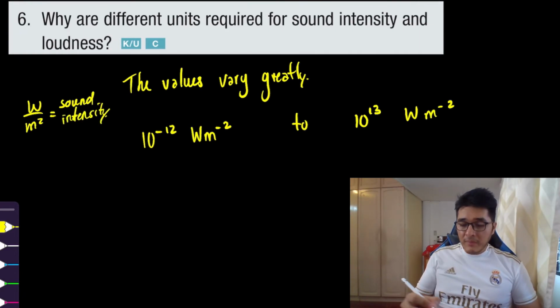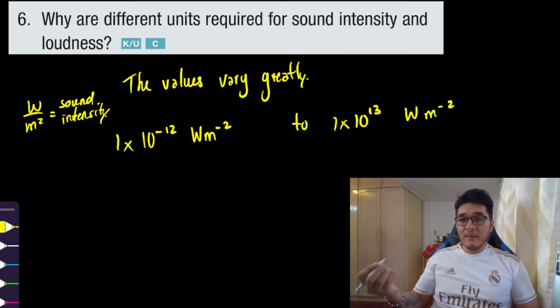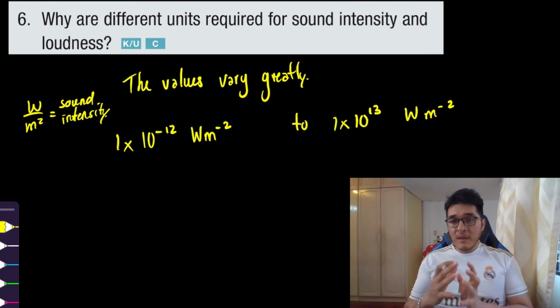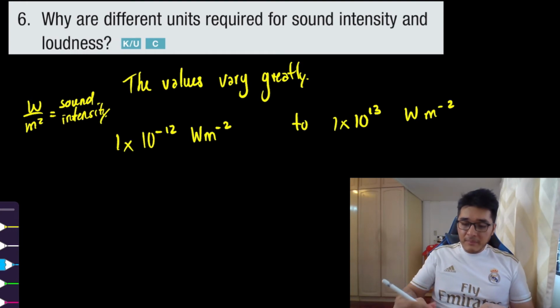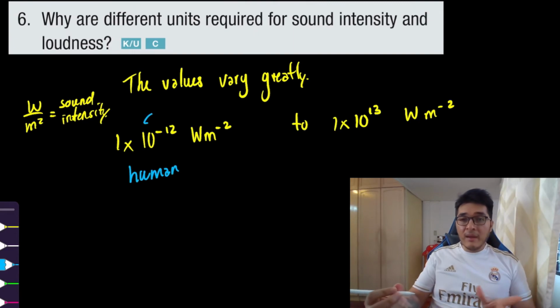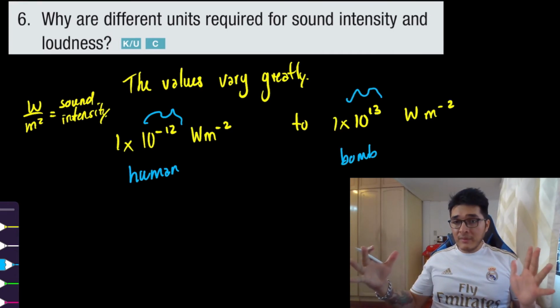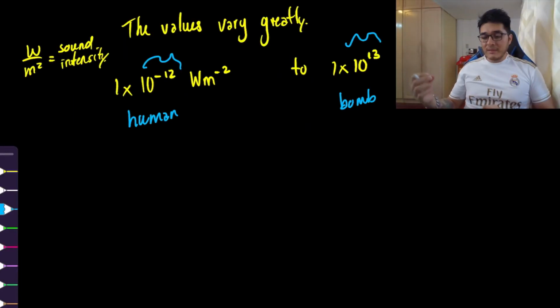If you want, we can make this more friendly: 1 times 10 to the power negative 12, and 1 times 10 to the power 13. So you see how many decimal places they must change by. In the first case, the human hearing threshold is 10 to the power negative 12, and the bomb 10 to the power 13. So there are a lot of different decimal places in between.